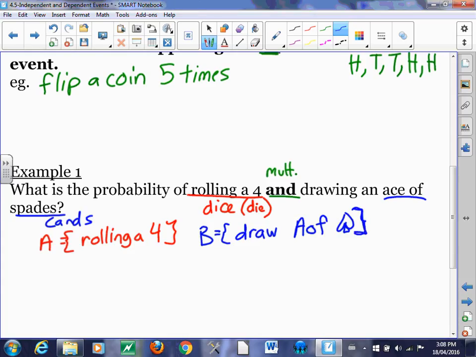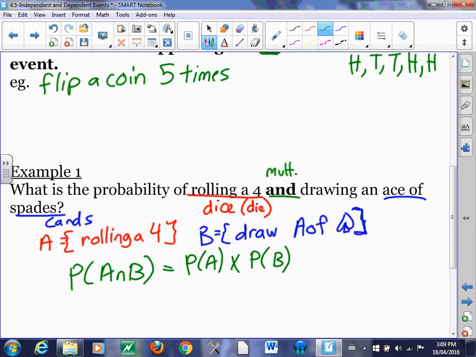So those are your two events. Now we want to find the probability of it. So probability of A and B equals the probability of A times the probability of B, similar to your multiplication counting principle that you did with the tree diagram.